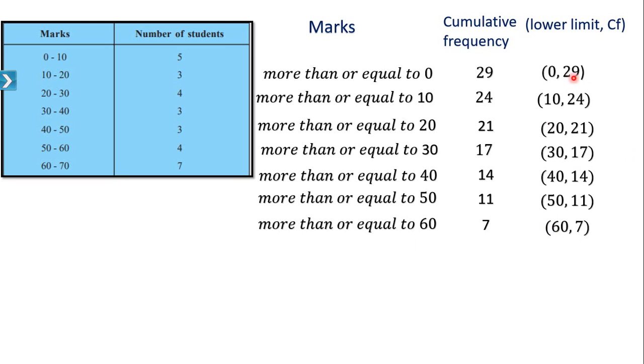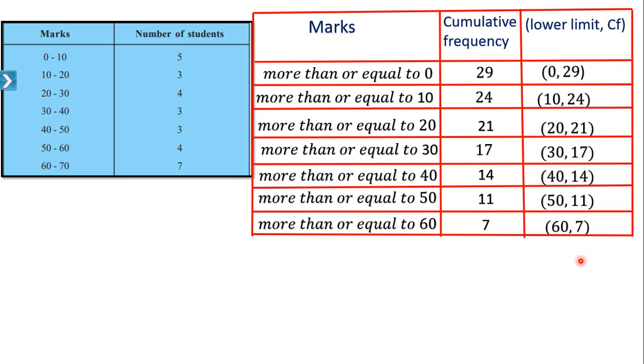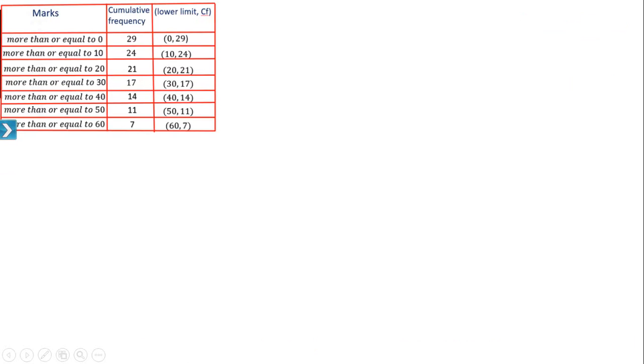So, these are the ordered pairs to plot the points. Now, we have to draw graph for this cumulative frequency distribution table. Now, let us draw graph for this more than type cumulative frequency distribution table.